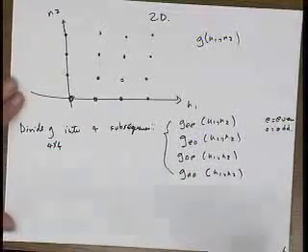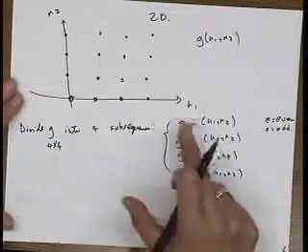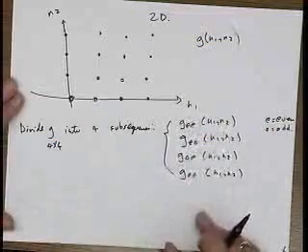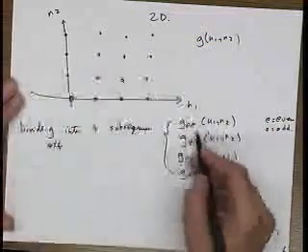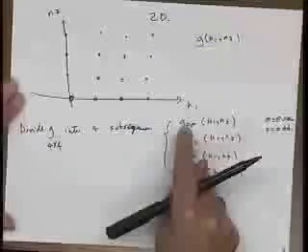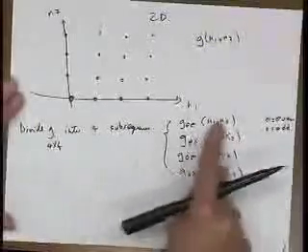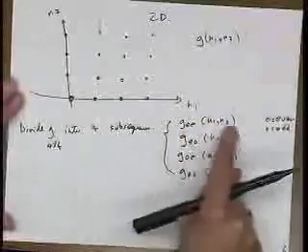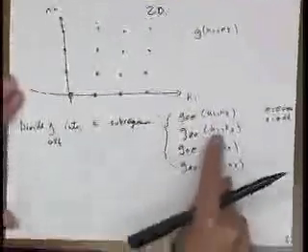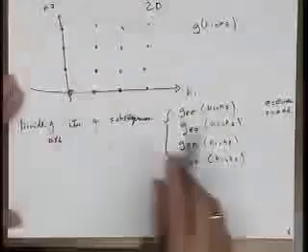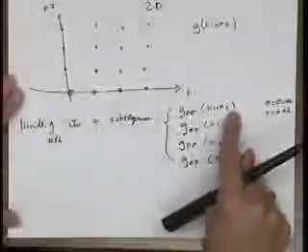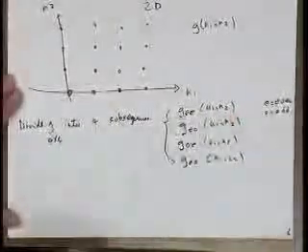I'm going to show each of these sequences with a different symbol here. So GEE sequence is going to have even indices for n1 and even indices for n2.